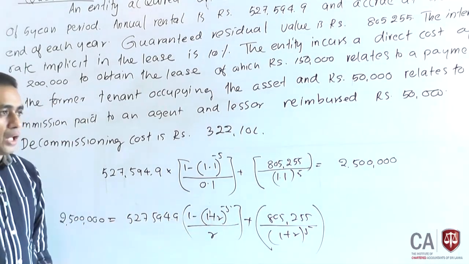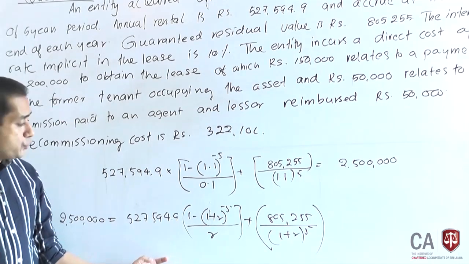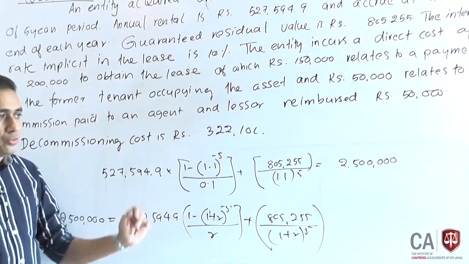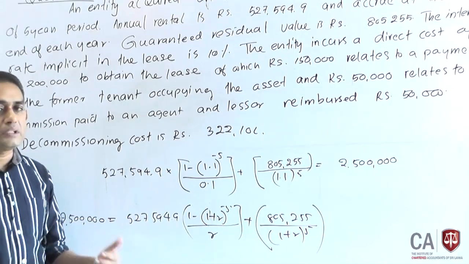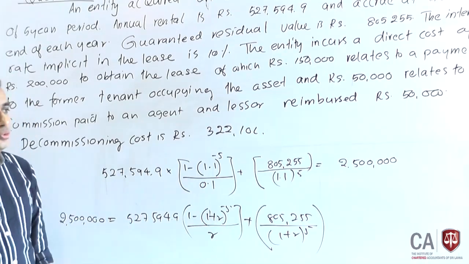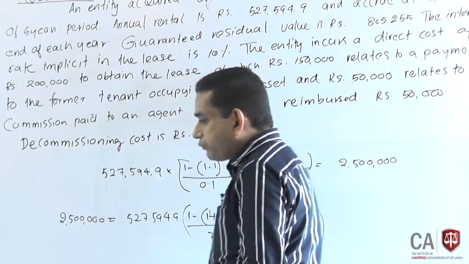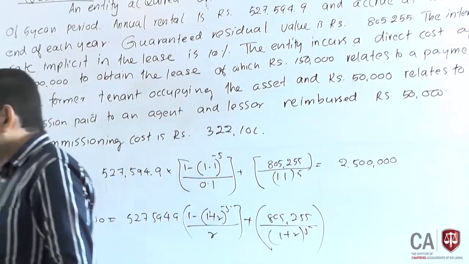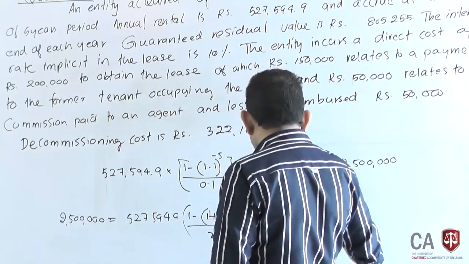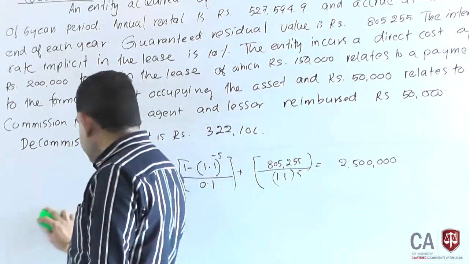And you cannot solve this equation, it is too hard. Instead, in order for us to find out r, you need to work out IRR. IRR will be equal to the interest rate implicit in the lease. So, that is how the question can be set if the examiner requires you to calculate the interest rate implicit in the lease.